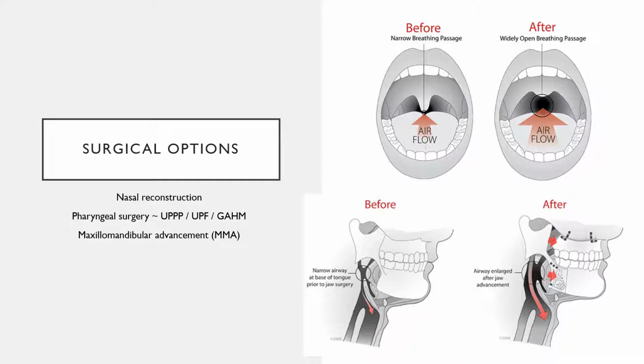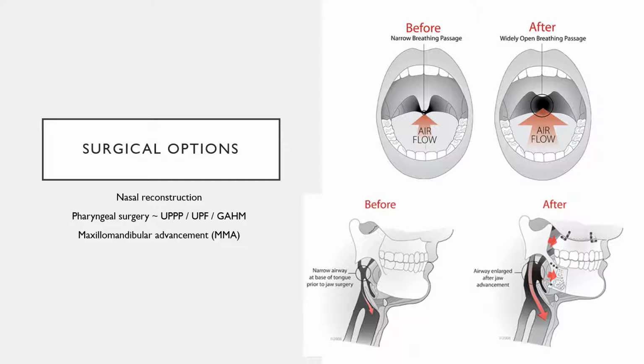There are surgical options if people want to go that route. There are different nasal reconstructions they can do. Maybe they have some nasal polyps, maybe they have a deviated septum. The turbinates up in the nose, they can even grind those down a bit if they're too big. Pharyngeal surgery, I think the most common one is probably the UPPP, which is pictured on the top there.